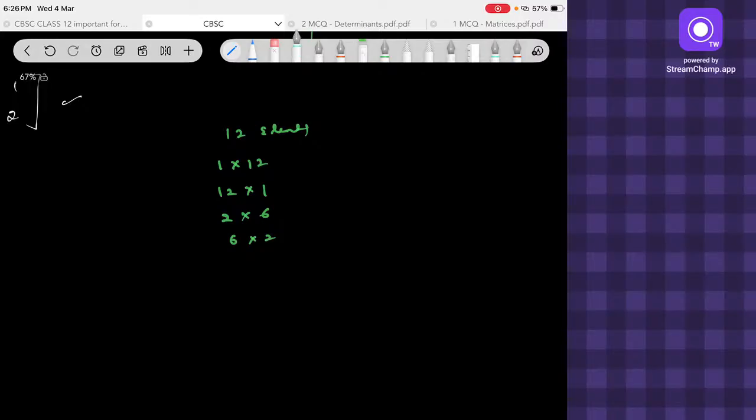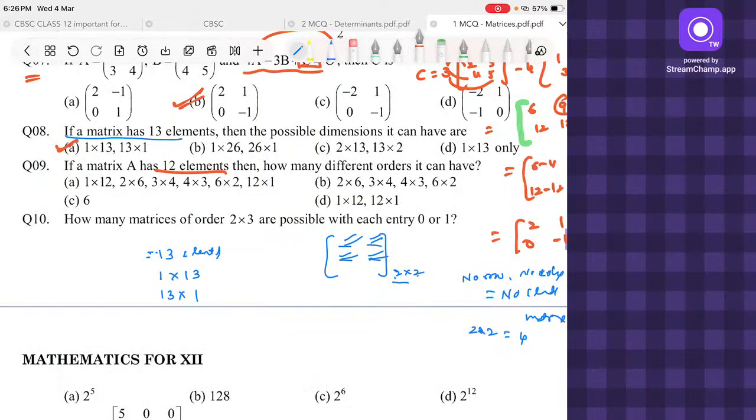Again 4 into 3, 3 into 4. Is there any other way? No other possibility: only 1 by 12, 12 by 1, 2 by 6, 6 by 2, 4 by 3, or 3 by 4. That means option A is the correct option. Option 9 is the correct option.